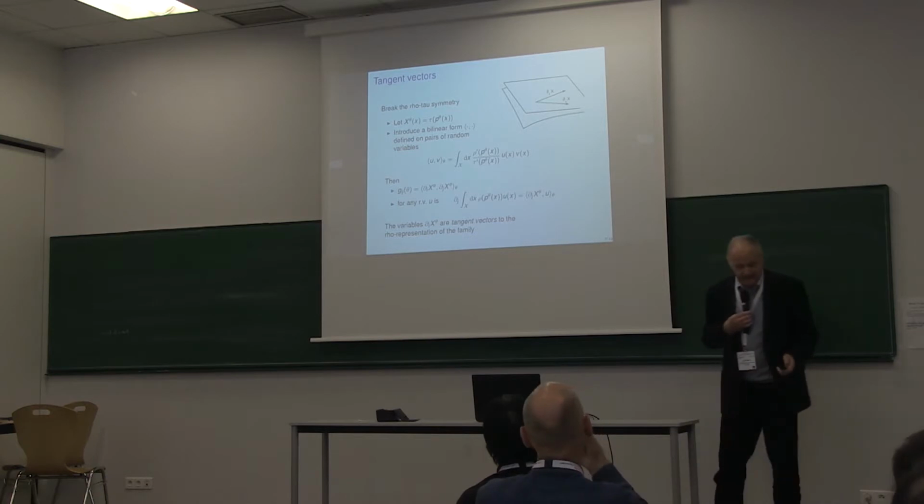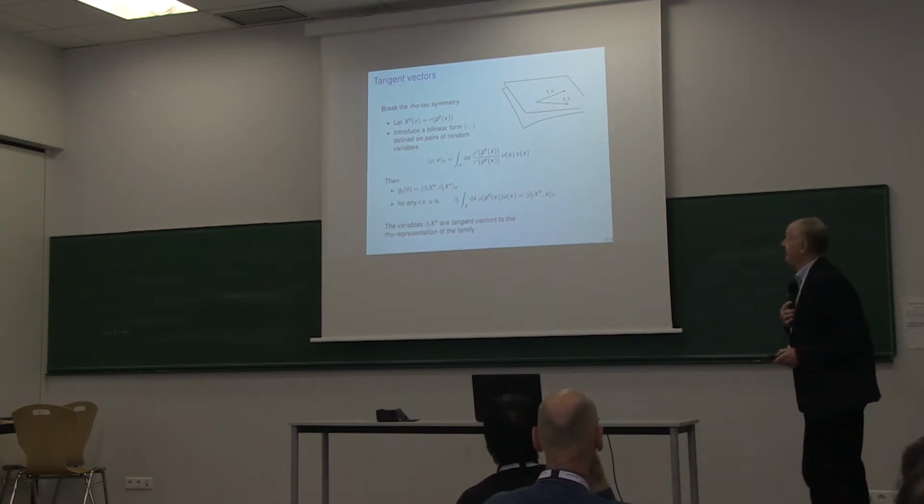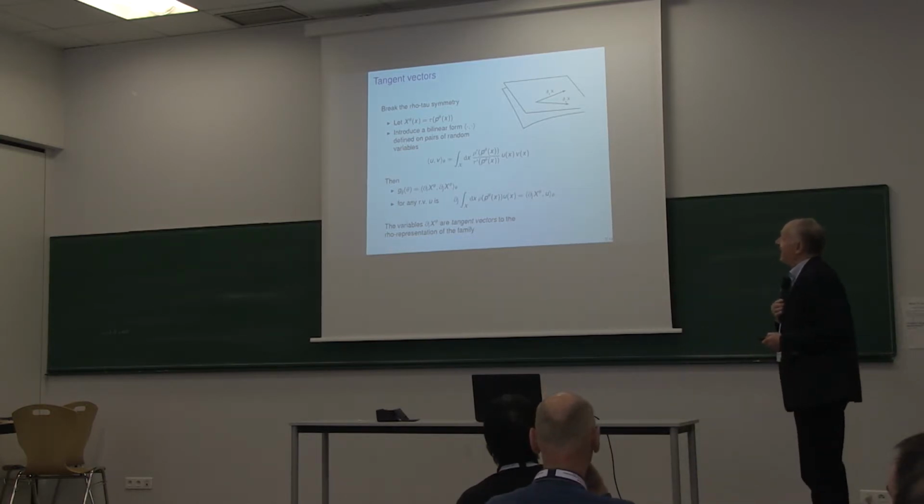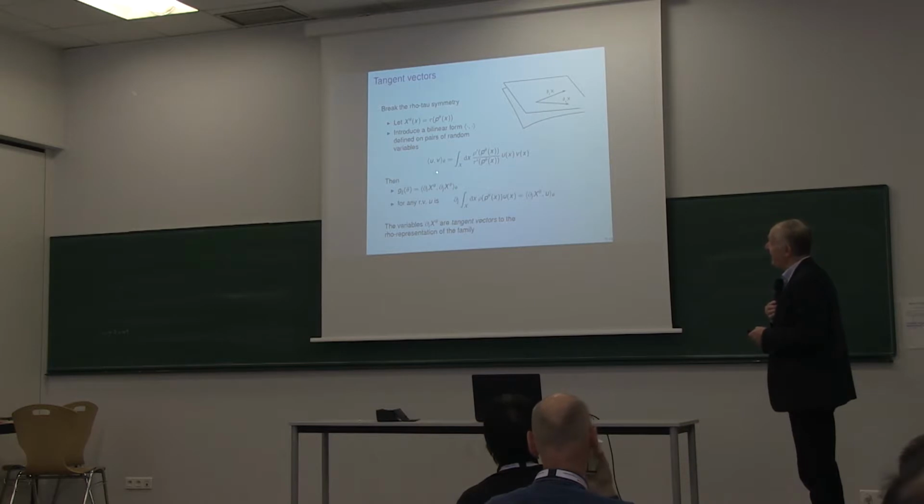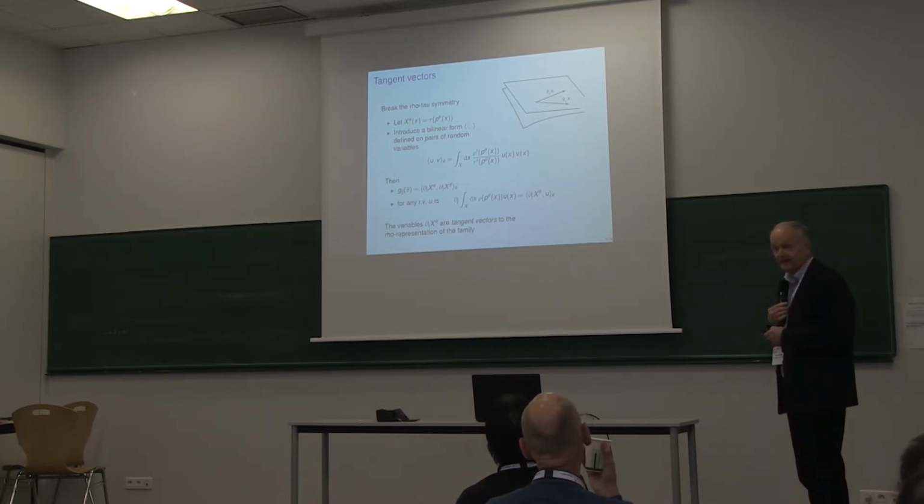Let me now say something about tangent vectors. The metric tensor is symmetric under exchange of rho and tau, but we have to break that symmetry to go on. And the choice we make is to use the tau embedding to define a random variable x, and to use the rho later on to define expectation values. So we give a different meaning to the two functions, although in principle they are quite equivalent.